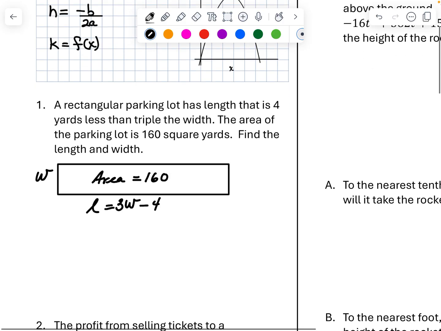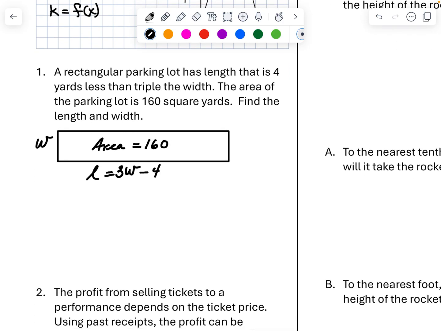All right, so we remember from our geometry that area is equal to length times width. Only when we talk about area do we use a capital X for multiplication symbols.